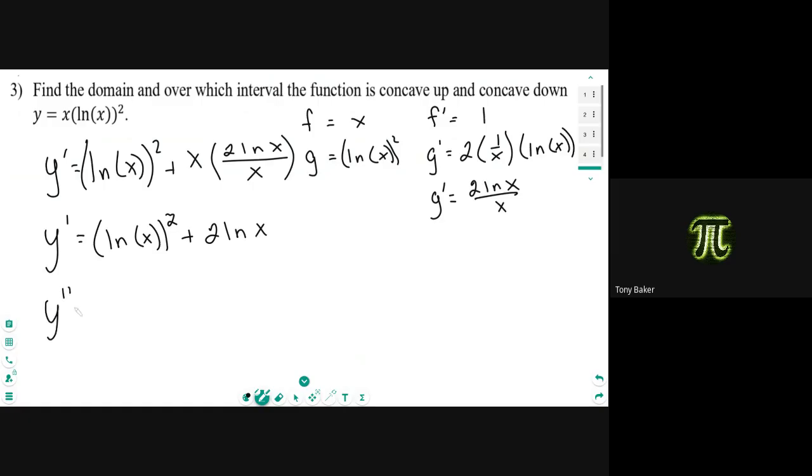So now we find our second derivative. So I have 2 ln of x over x plus 2 over x.